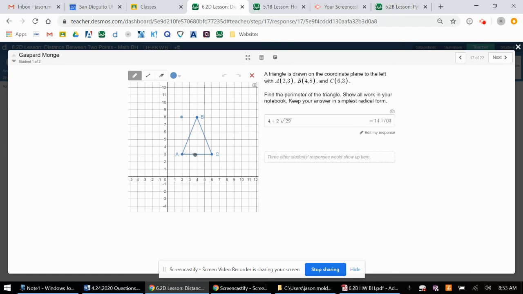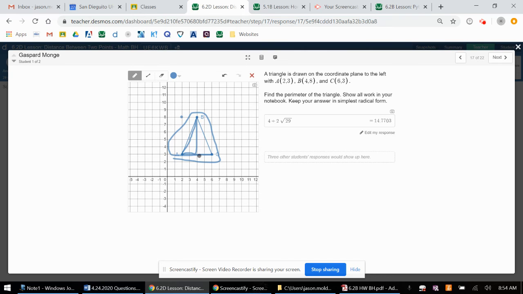That's understandable though, because you can break this up, and this is 2 by 5, and this one's 2 by 5. But the perimeter of the original triangle is going around it like this. It is not including this inner part. So this is 2, and this is 2, which is 4, and that's why that was in the answer. But we need to find this length here using the distance formula and double it, because there's 2 of those.